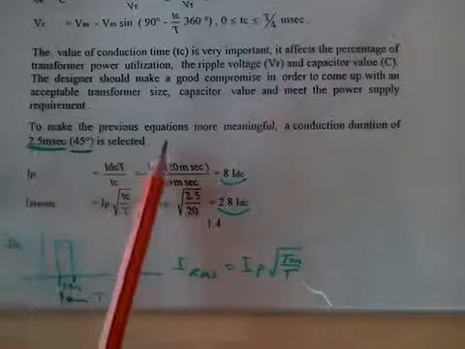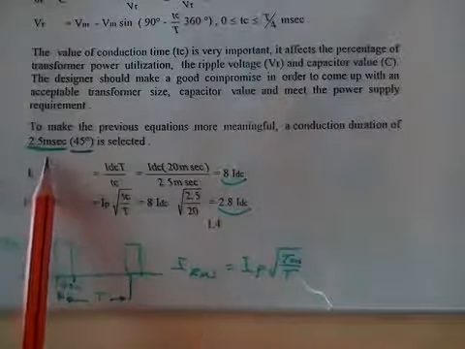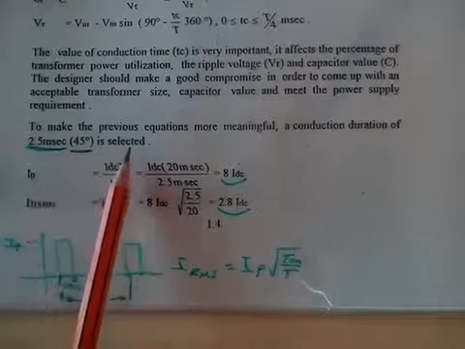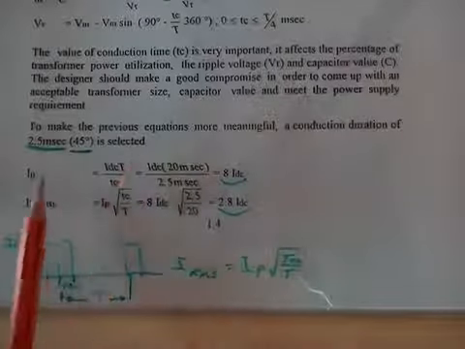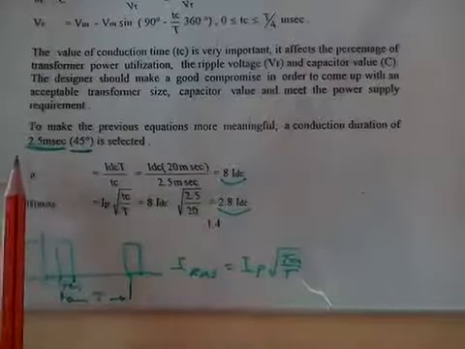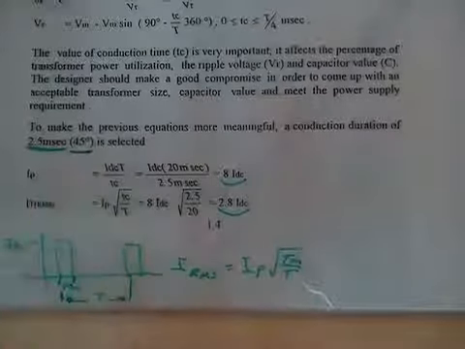To make the previous equations more meaningful, a conduction time duration of 2.5 milliseconds, that's 45 degrees, is selected. That's for a 50 Hertz mains supply, by the way, which is a 20 millisecond duration for the full cycle.